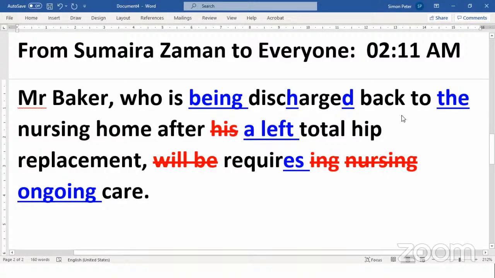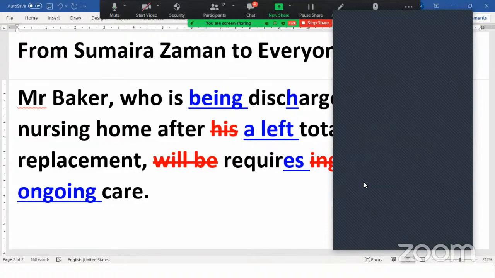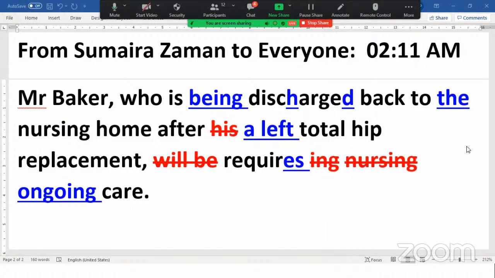So, Sumaira, please unmute. Yes, sir. Is that clear to you what I showed you? Yes, sir. Okay. Thank you. So will be means future, requires means today, tomorrow, day after tomorrow.